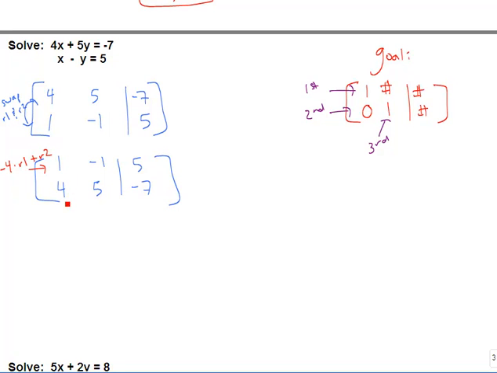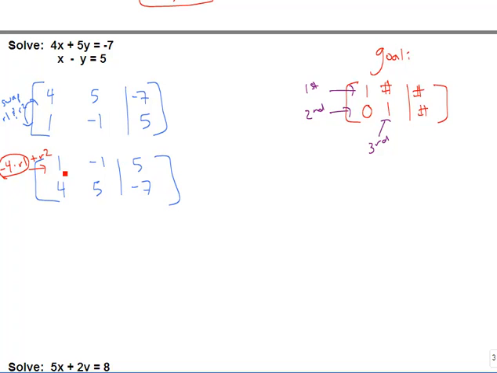So you take whatever number you're trying to get rid of and multiply the one row by its opposite. So I'm going to take row 1 times -4, and then in the same step I'm going to add that answer to row 2. That's a lot to keep track of in your head, so a lot of times I like to write out what the multiplication part of this is, and then I will add that answer.